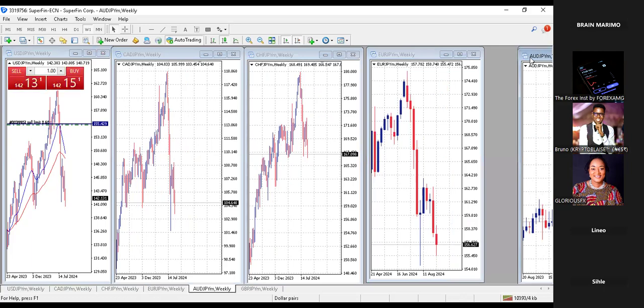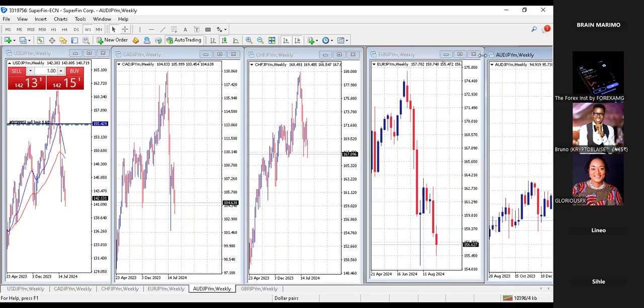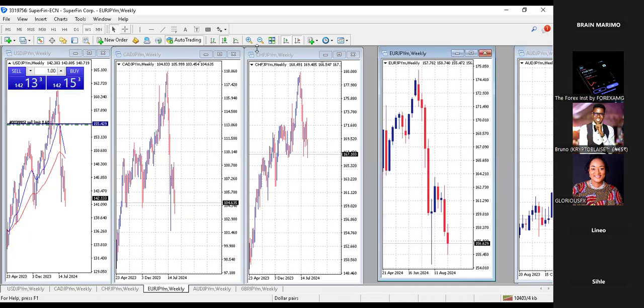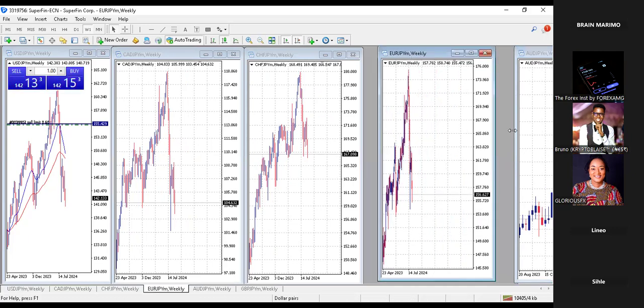Okay, we've got a couple, but I think you get the point. I don't have to show them all. They all move in the same direction. As you can see, they all took a dip around about the same time.